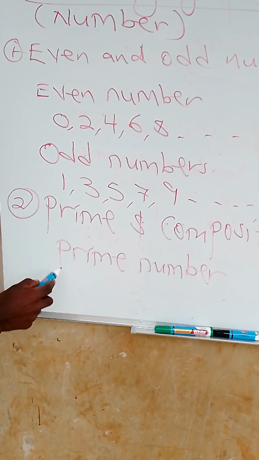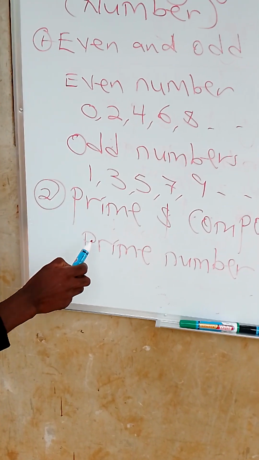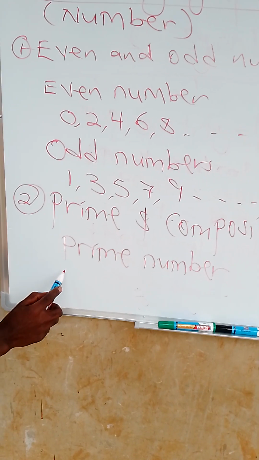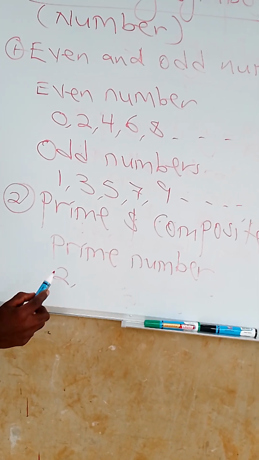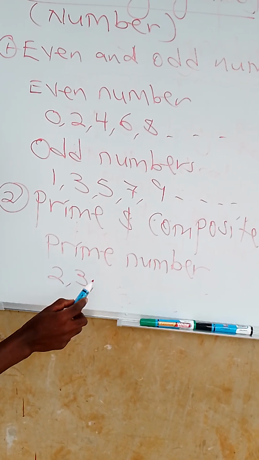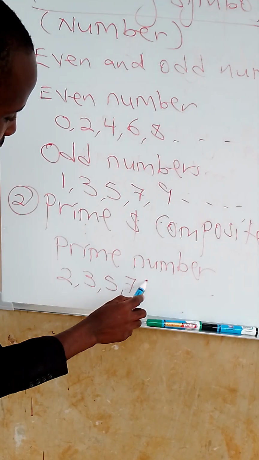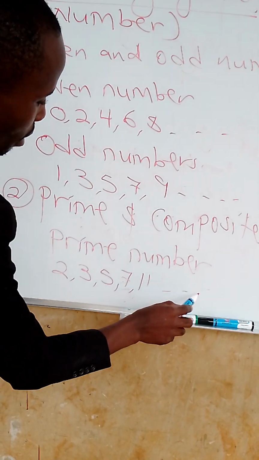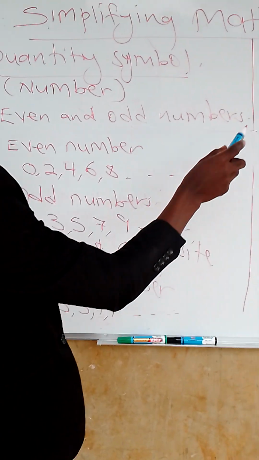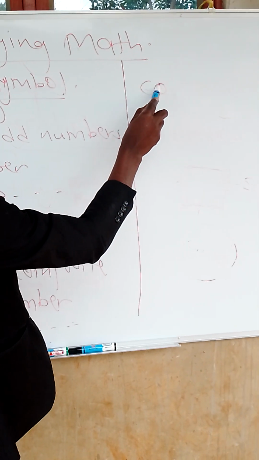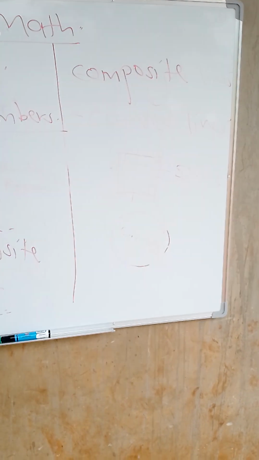The first prime number we have is 2, then 3, 5, 7, 11, and so many others. 9 is not a prime number. The companion is the composite number. The opposite of prime is composite.